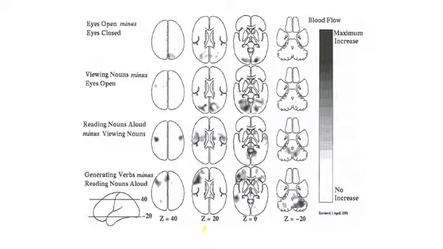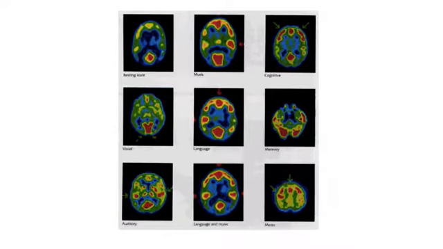Kind of interesting. And this is a little bit more what we might see associated with various language-oriented tasks, especially reading, which involve a lot of occipital activity and a lot of frontal activity, some left temporal activity. This is kind of a resting state.